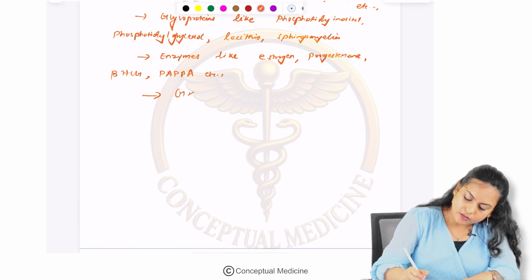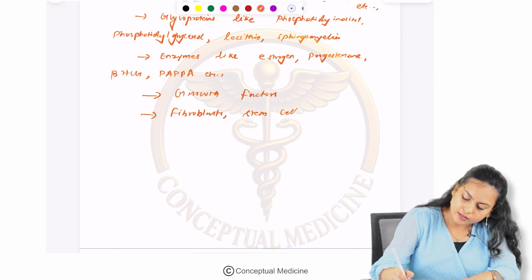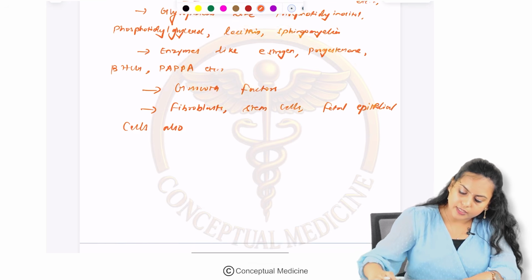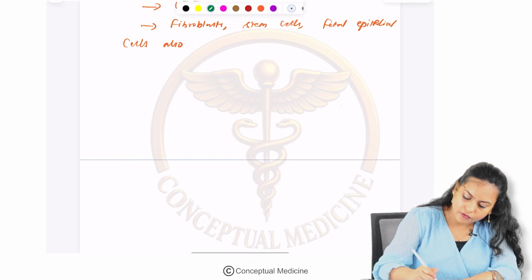It basically consists of growth factors and also some of the cells like fibroblast, stem cells, fetal epithelial cells also. Okay, we'll see the characteristics of amniotic fluid.